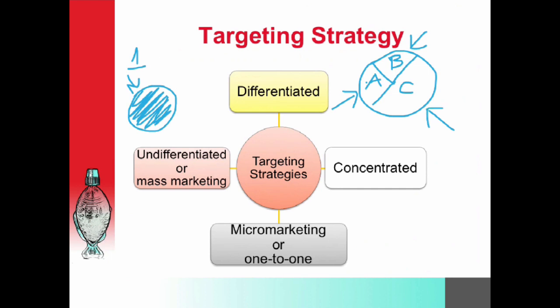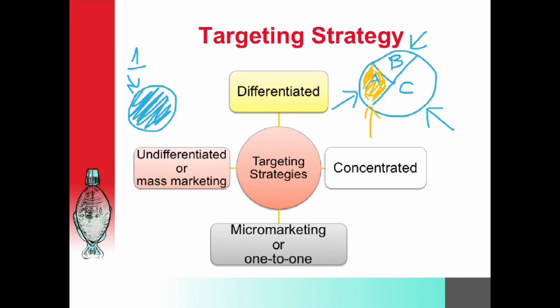So each segment gets a different marketing mix. The concentrated is when you take the case we had before, but then you're focusing on just maybe one or two of those segments. And so you might be going after segment A here and leaving the rest behind. So now you're just concentrating.